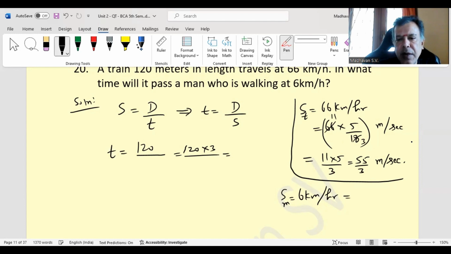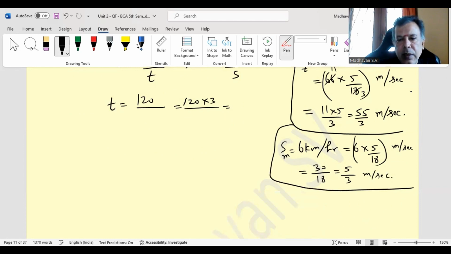So 6 kilometers per hour will be converted into 6 into 5 by 18 meters per second. So that will give us 30 by 18, which is 5 by 3 meters per second. Therefore, based on these two, relative speed will be 55 by 3 minus 5 by 3, which is 50 by 3 meters per second.